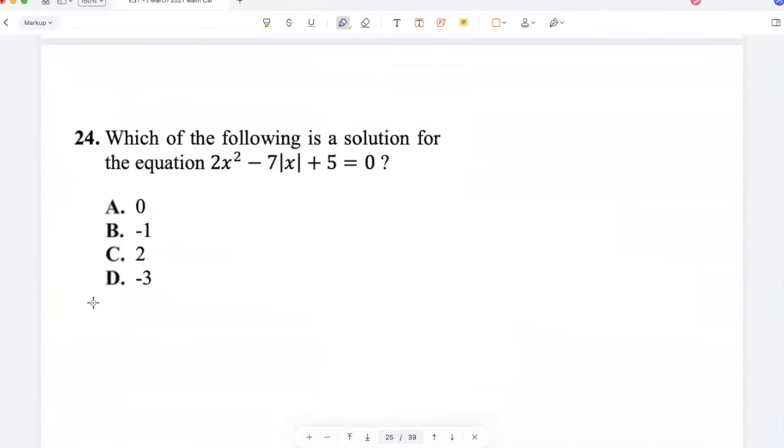Which of the following is a solution for this equation? So let mod x be t. So x squared can be t squared because the square terms will anyway take care of the plus minus sign. So 2t squared minus 7t plus 5 is 0.